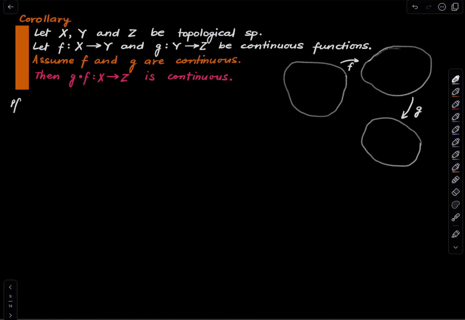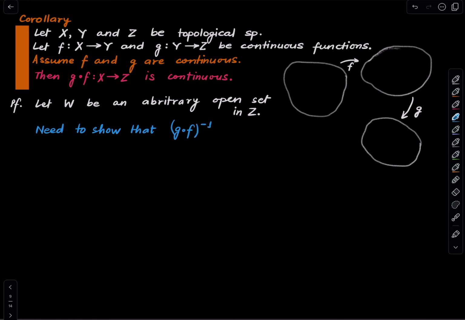So to do that, let W be an arbitrary open set in Z. What we need to show is that this is open in X. Right? But what is this? Simple set theory shows this is nothing but that thing. Let me draw a picture.